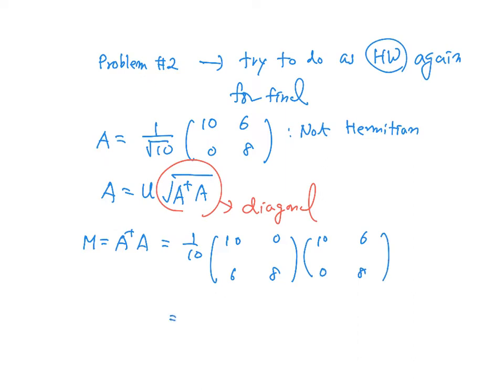So this is 100, 60, 60, and 36 plus 64 is 100 again, right? So this is 10, 6, 6, 10. The first step is to show that this is Hermitian, so this is a Hermitian matrix.